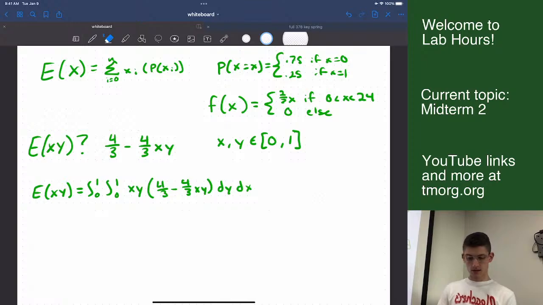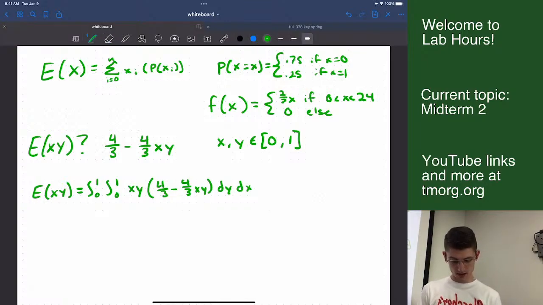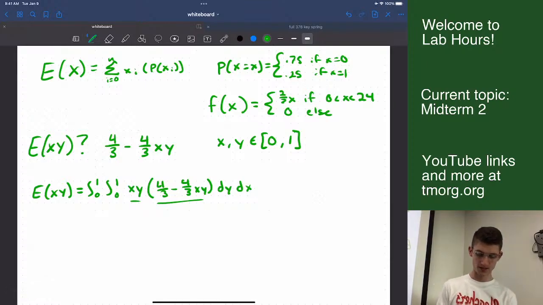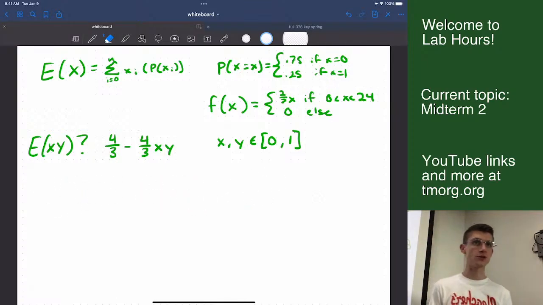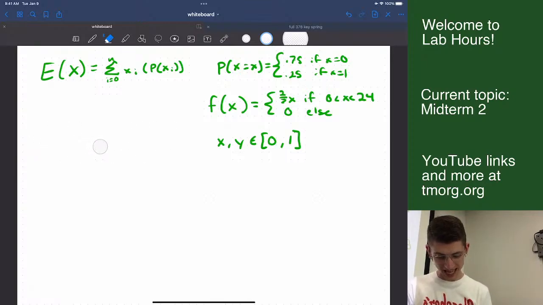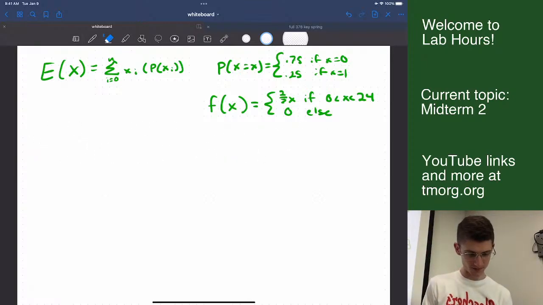Again, the thing, xy, times the probability of that specific thing, 4/3 minus 4/3 xy, over the bounds of x and y. Nothing new, we're just throwing a second variable in there now. And we're doing it with a function instead of with discrete values I know. We are now accepting ambiguity, which is fun. We like that.